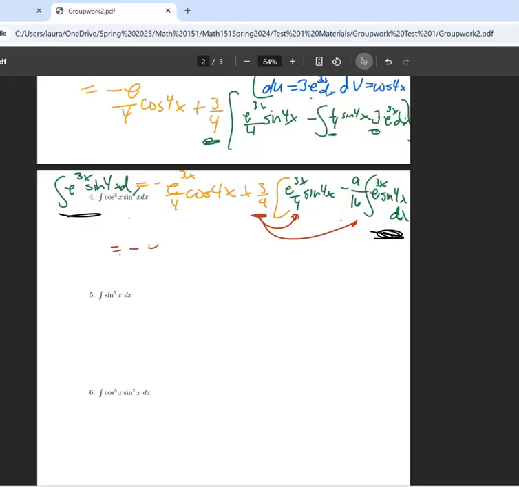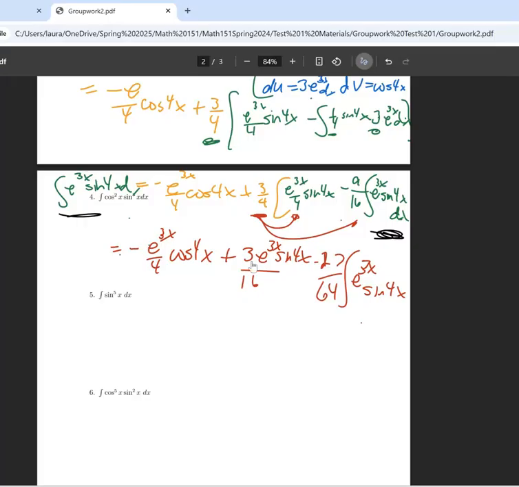So negative e to the 3x over 4 cosine of 4x. So I would have plus 3 e to the 3x sine of 4x, and that's all over 16. This times this would give me a minus 27 over 64 e to the 3x sine of 4x.